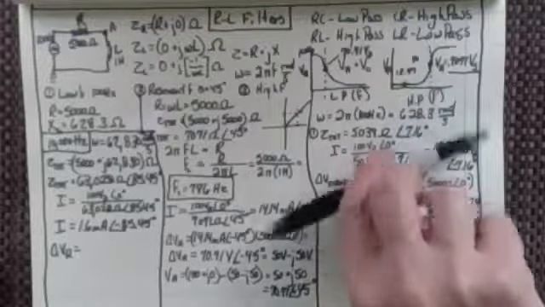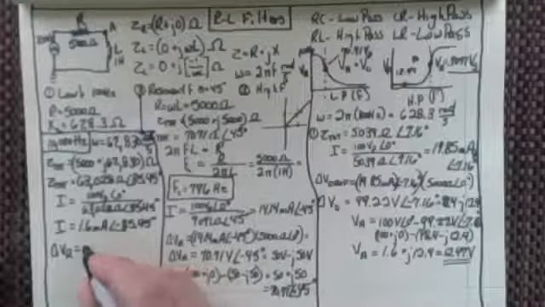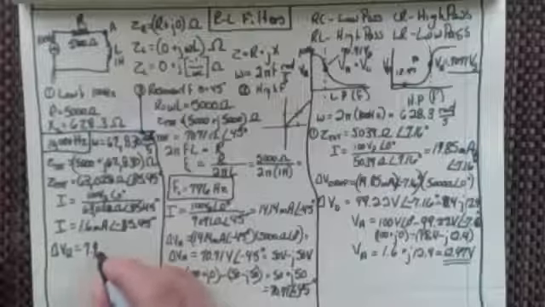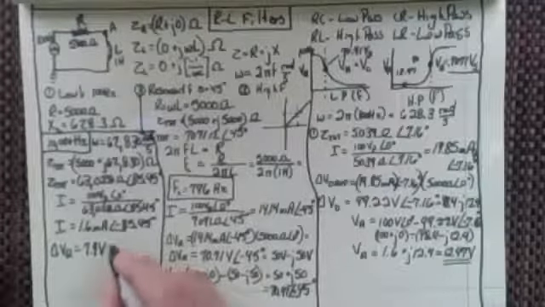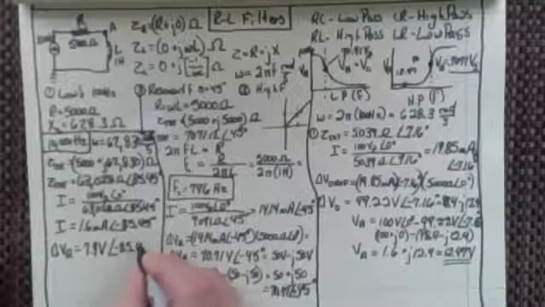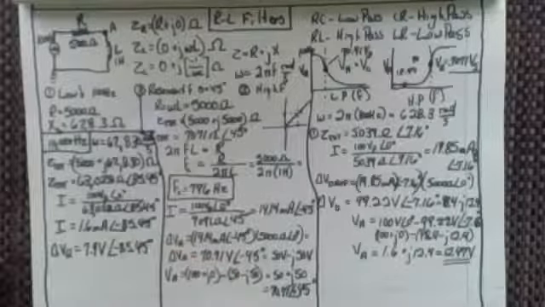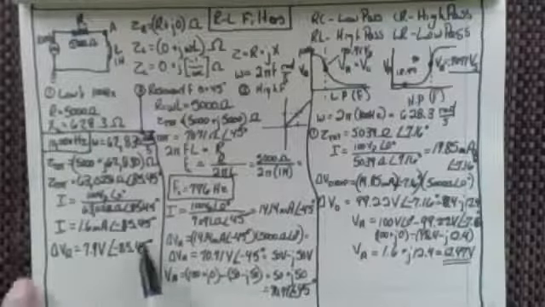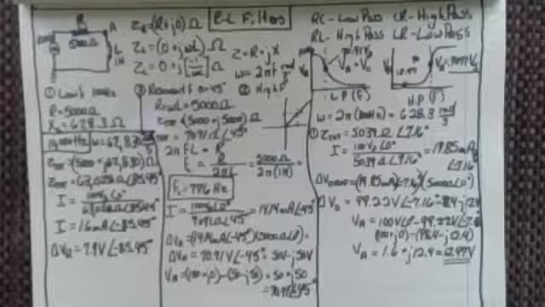And that gives me 7.9 volts drop at an angle of minus 85.45 degrees.